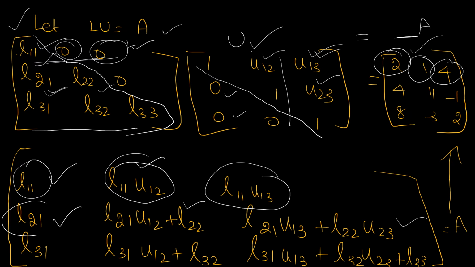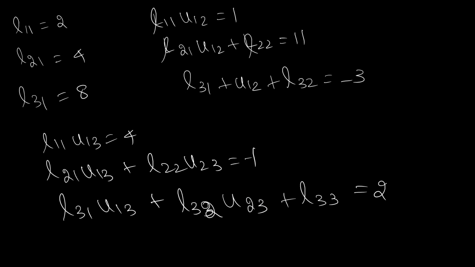So what is L21? 4. What is L31? 8. So I am just going to equate the values over here. So I have written all these values here. So L11 is 2, L21 is 4, L31 is 8. These are the direct answers.